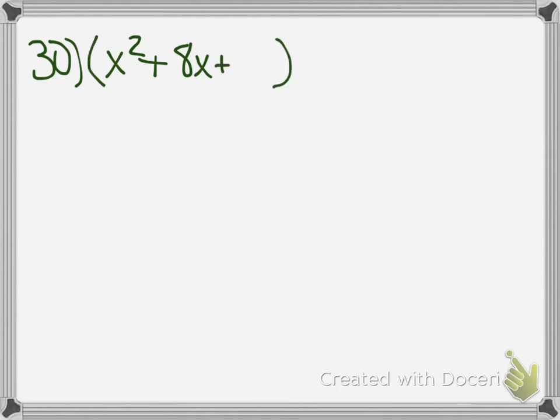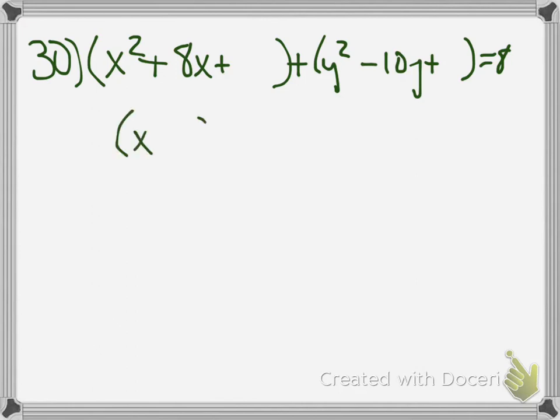Now, 30 and 31 will be on the test. So here's how I set it up. Make sure your x's are together: 8x plus, in parentheses, plus y squared minus 10y, close it, equals. I should have left myself more space. Underneath this, we're going to write x squared plus y squared and go from there.